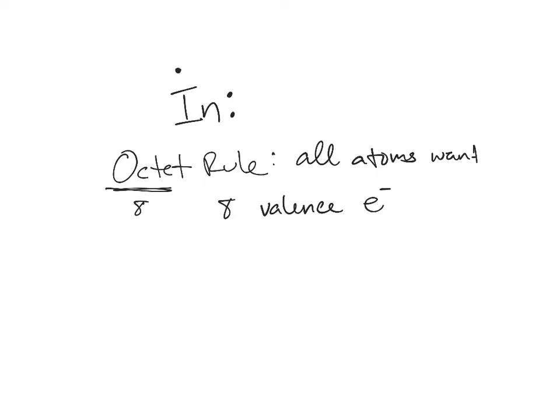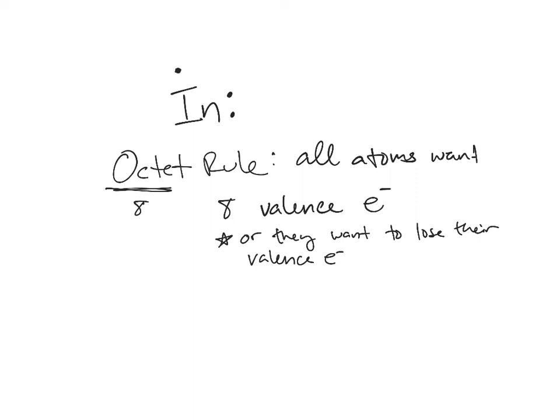And there's a little bit of a caveat to this. They either want 8 valence electrons or they want to lose their valence electrons. And we'll see what that means here in a second after I get done writing it.